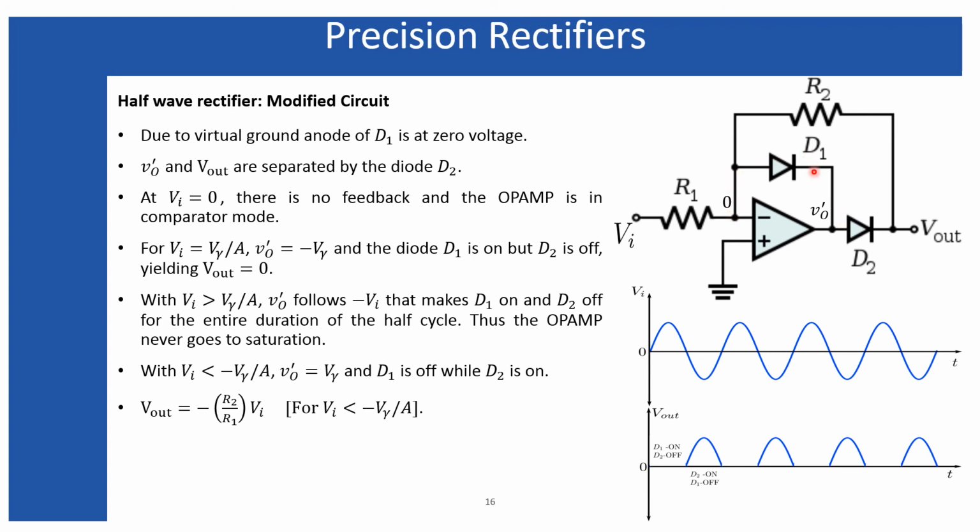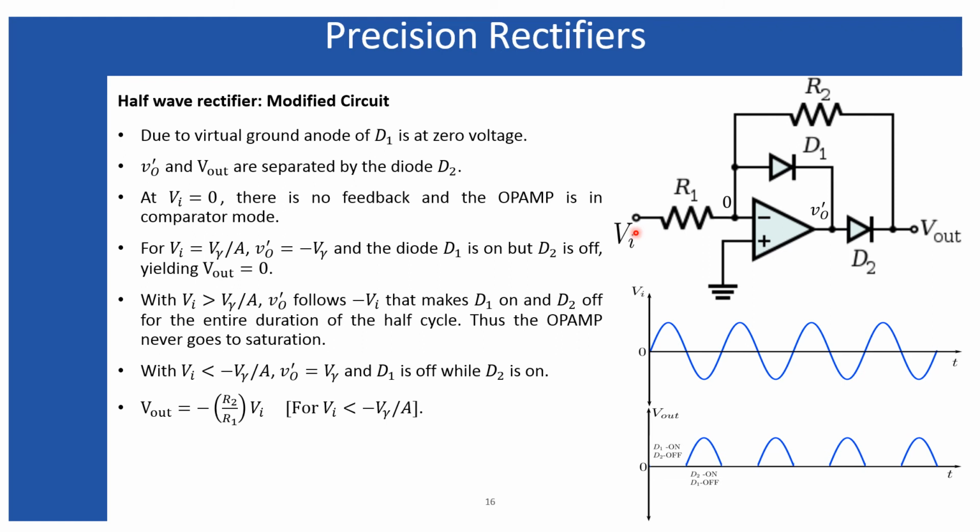So basically at the initial time there exists no feedback, and this operational amplifier is acting as a comparator, where the input voltage is applied to the inverting terminal and the reference voltage, which is 0 voltage, is applied to its non-inverting terminal. Now let's see what is happening during the positive half cycle of the input signal.